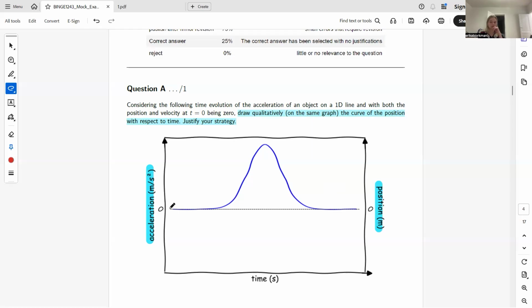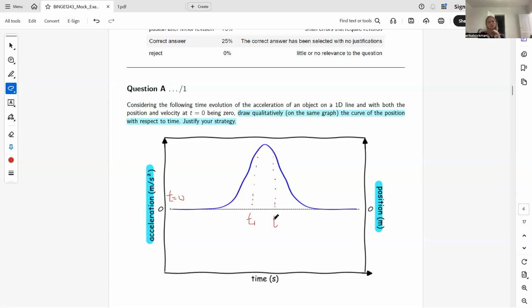So initially I'm starting from here when t is equal to 0 at this point, and till this point I'm considering it t1. Until this point, I am considering it t2.